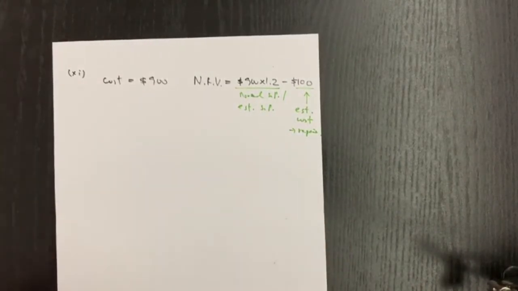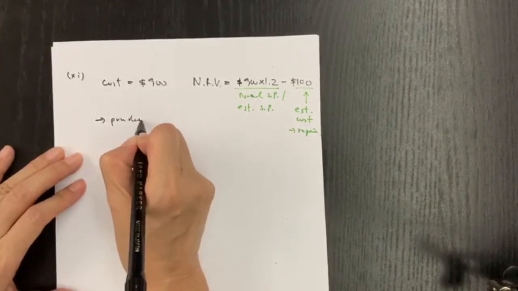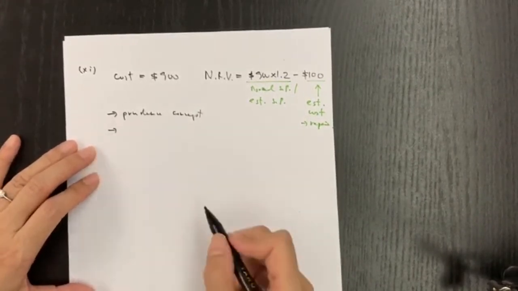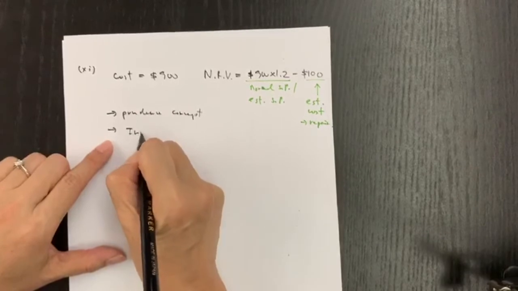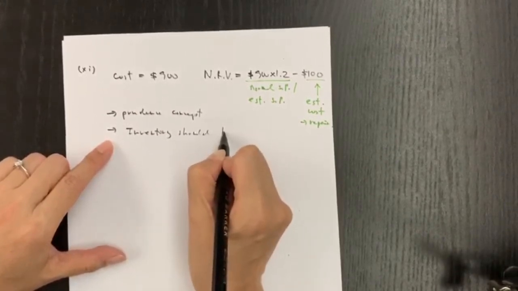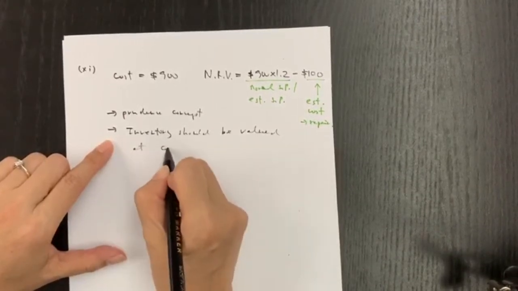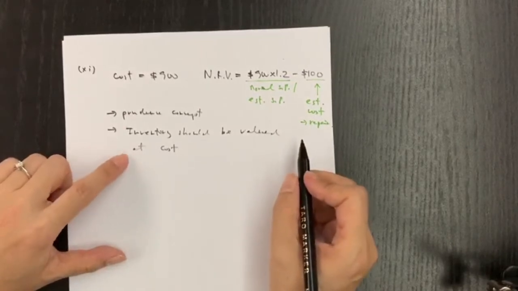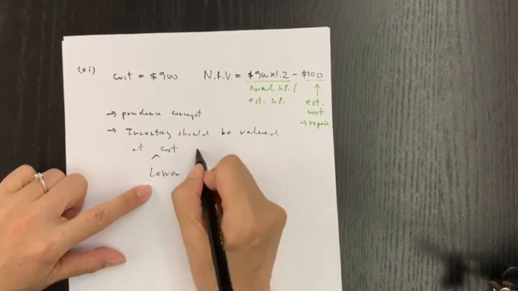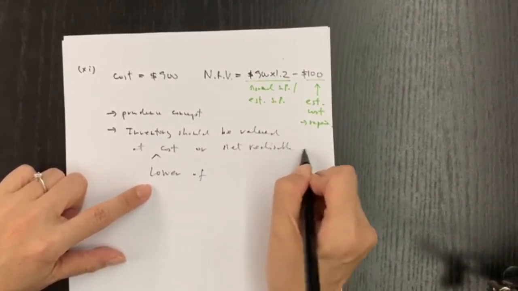Again, according to the prudence concept, let me repeat the sentence: inventory should be valued at the lower of cost or net realizable value.